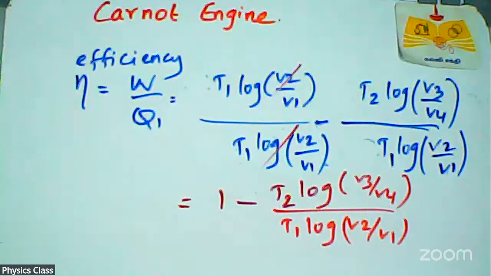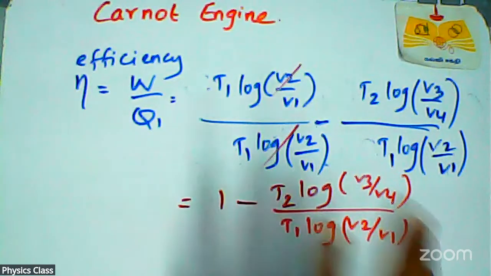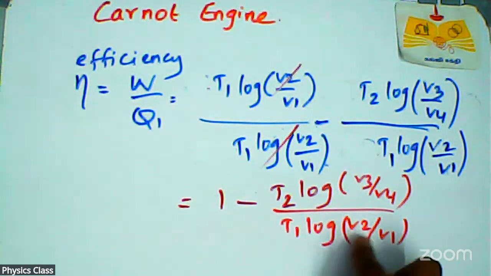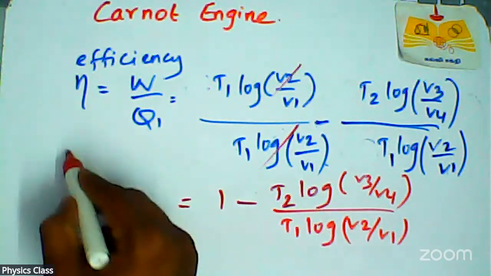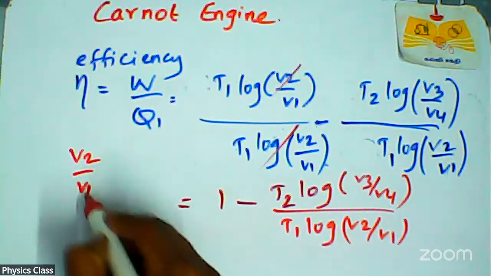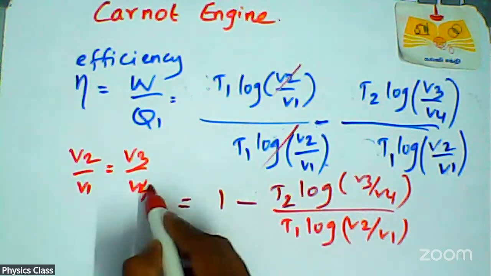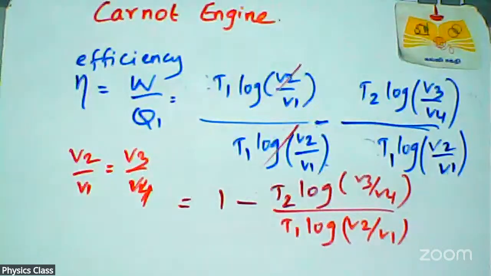Again, we can convert it using the adiabatic process. By the adiabatic process, V2 by V1 is equivalent to V3 by V4. This is from the separate derivations belonging to the adiabatic process.